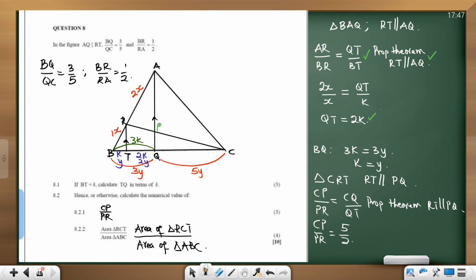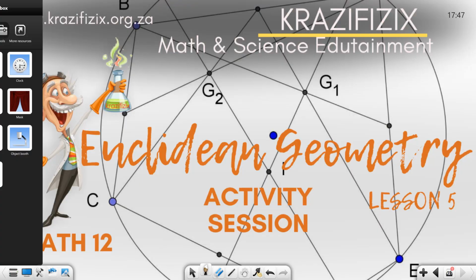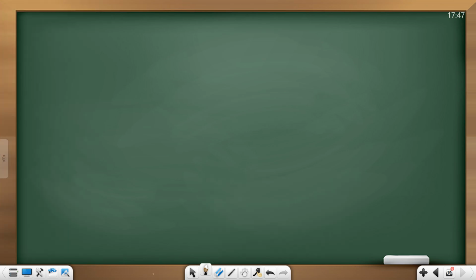All right, guys, quickly look at what actually led me to this question was the area question. RCT and ABC. If you look at the area, when I discussed finding ratios of areas with you, I gave you three important points. I don't know if you noticed. I'll rewrite them for you. Ratio of areas. What did I say?